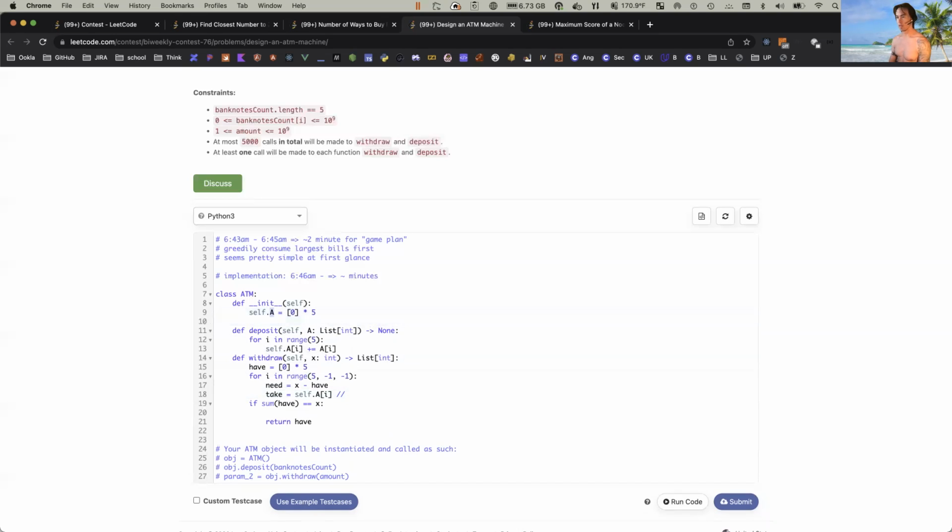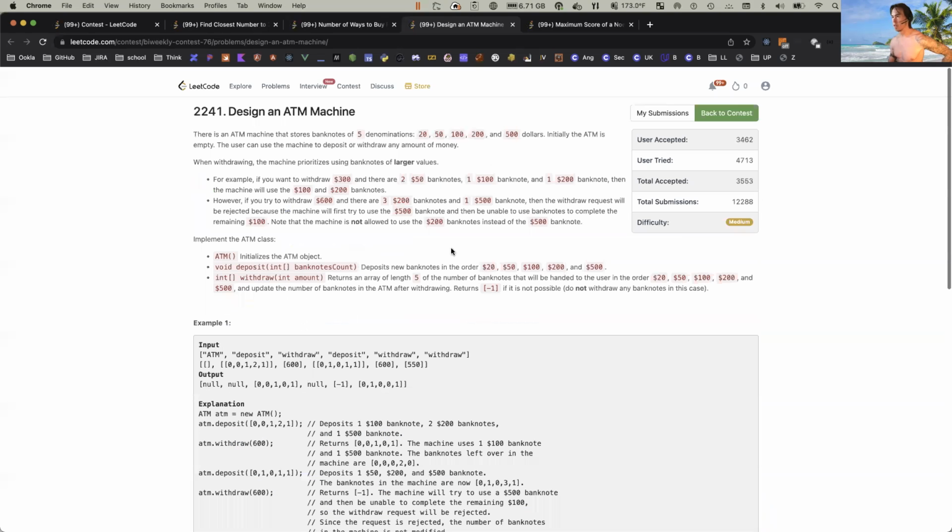This is the count and the value. Self.count, self.value. Count, value: 20, 50, 100, 200, and 500. All right.